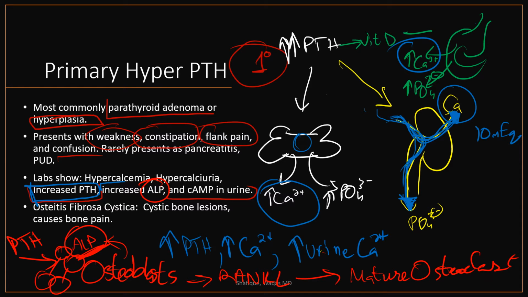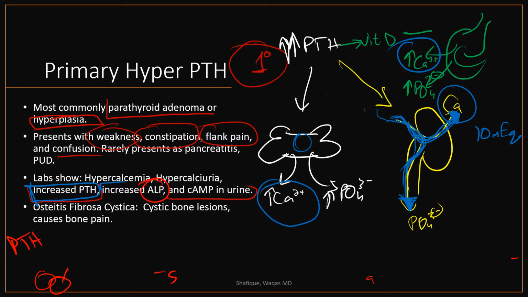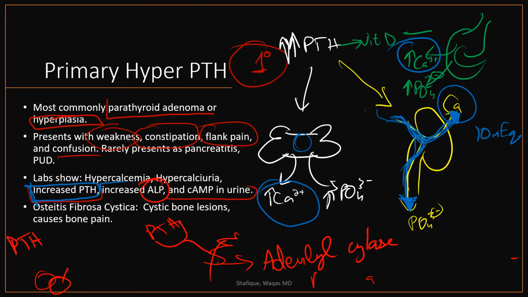And now, why do you have increased cAMP, you ask? Well, what is the second messenger system associated with PTH? PTH binds to a receptor and causes upregulation. This is going to be a G protein receptor and activation of adenyl cyclase, which is going to convert your ATP into cAMP, right?